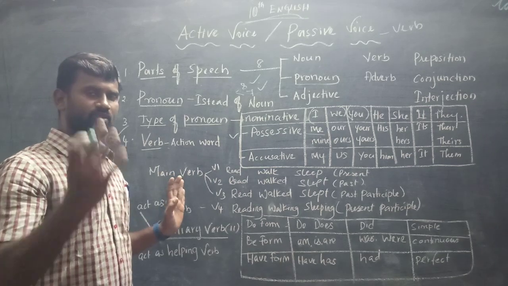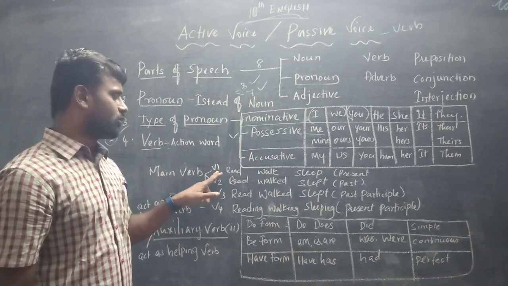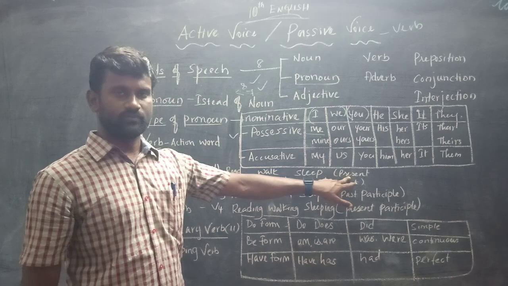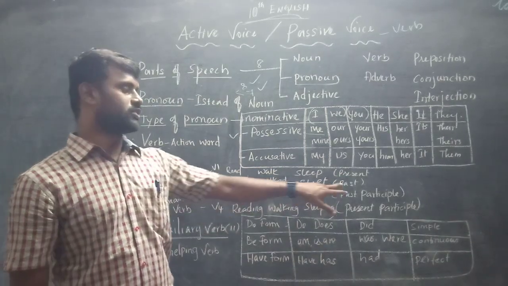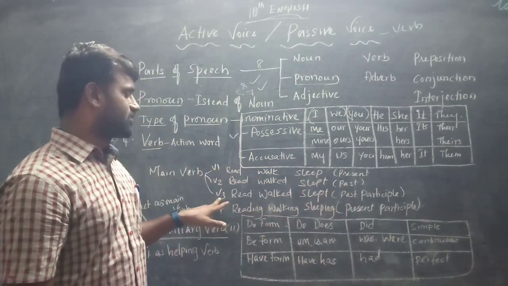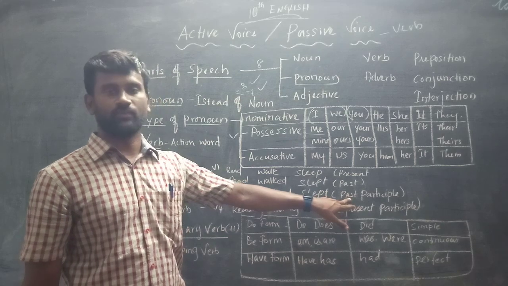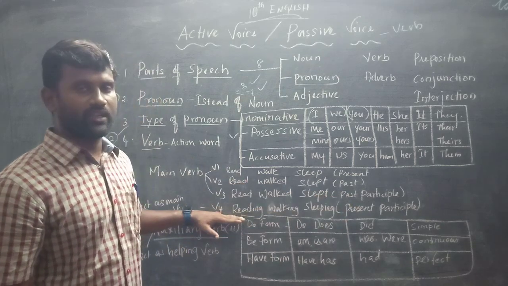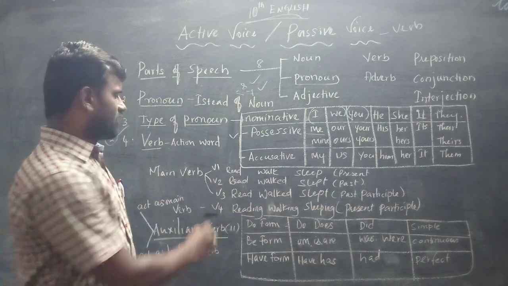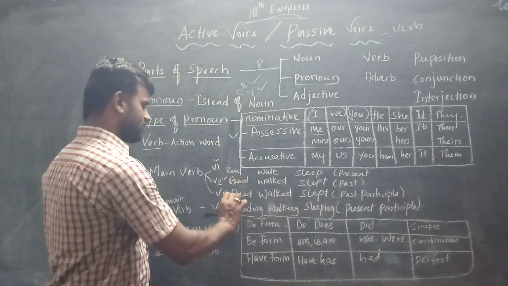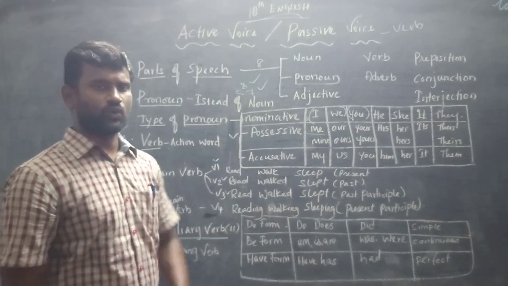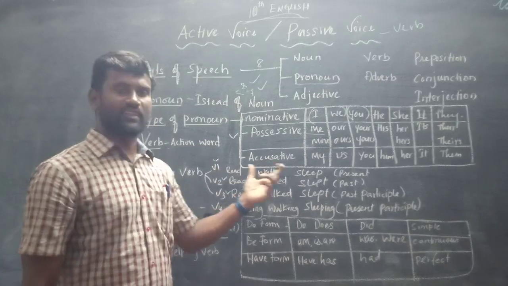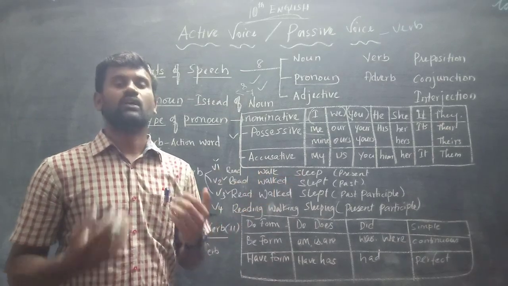So we have three main verbs: verb 1 is said to be present, verb 2 is said to be past, and verb 3 is said to be past participle. So this I will come to later on. So what is a verb 1? Verb 1 is nothing but the present verb.